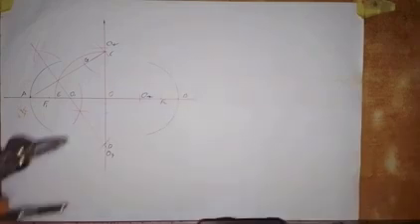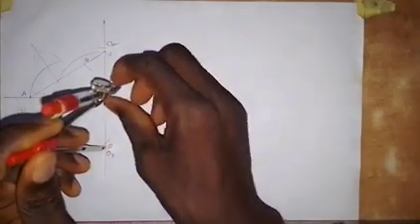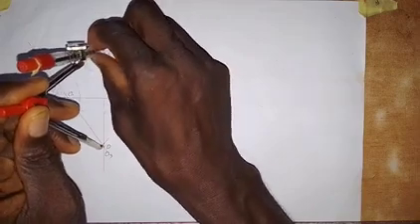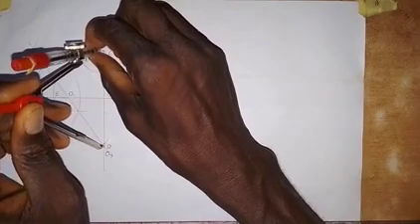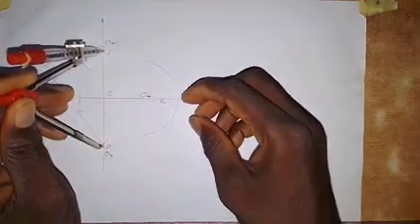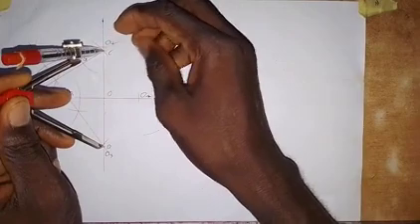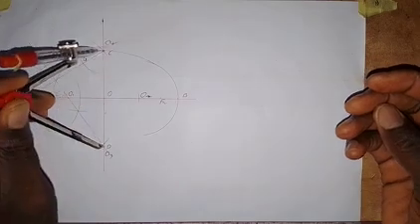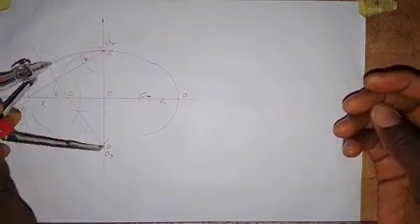Now with center O3, extending it to point C on the vertical, I join this together like this, and it comes to this side.